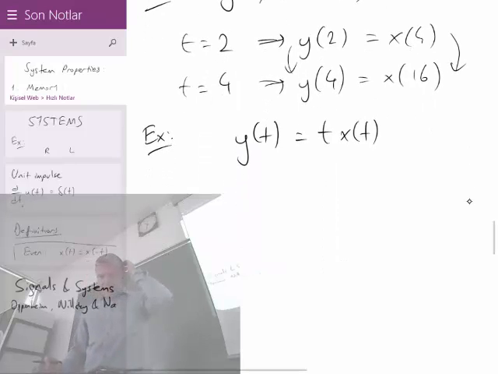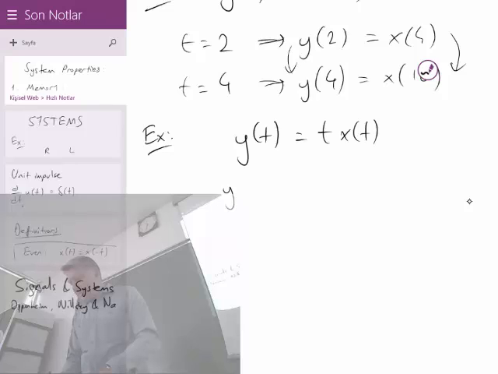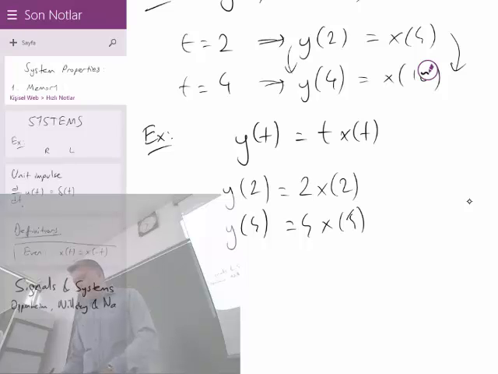And can we see it rigorously? For example, let's take a look at y2. It is equal to 2 times x of 2. And then y4 is equal to 4 times x4.